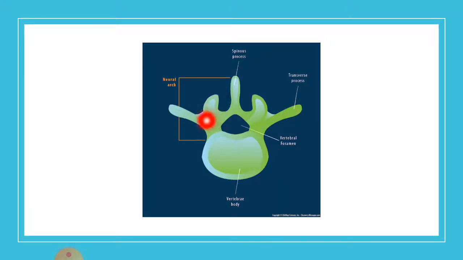Another important part is the neural arch, which is basically composed of the vertebral foramen that we have already discussed, with its lateral walls and its posterior wall. We have also discussed the canal through which the spinal cord will pass.